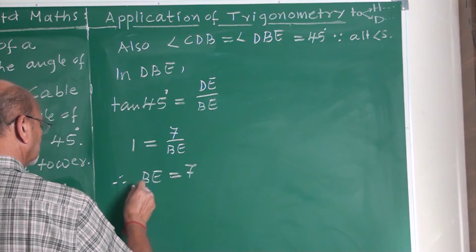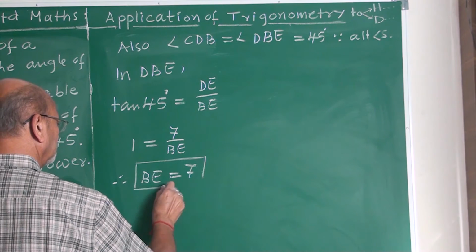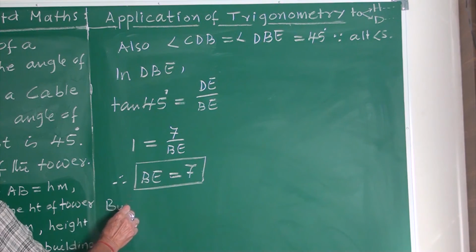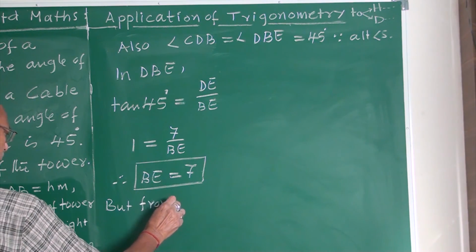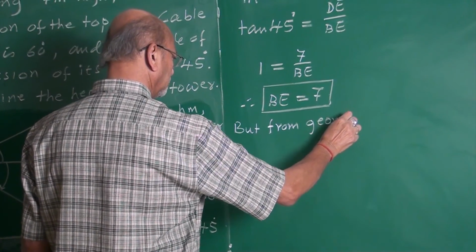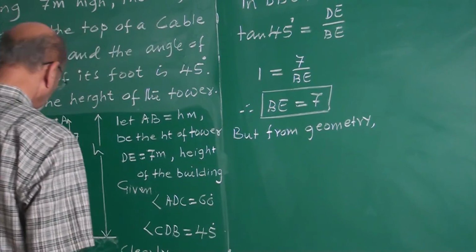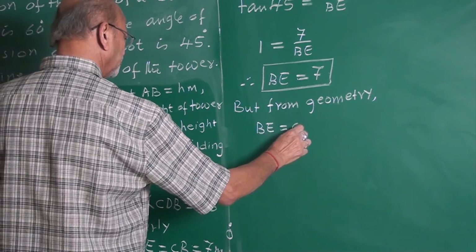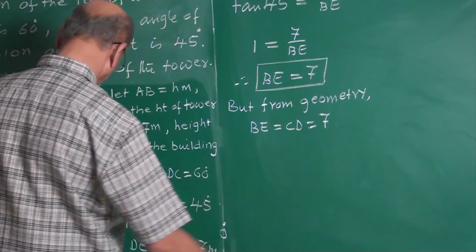BE is 7 meters. Then, from geometry, BE is equal to CD, which is equal to 7 meters.